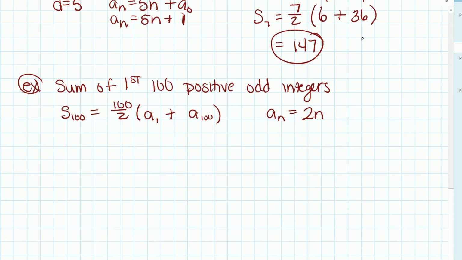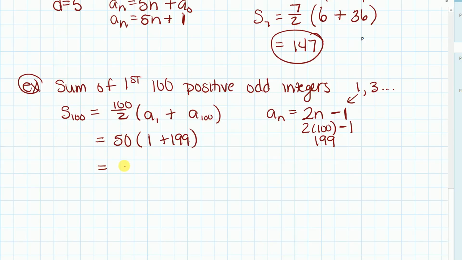And if my first odd integer is 1, then going backwards would be a minus 1. So the first odd integer is just 1, and the 100th odd integer, if you plug 100 in here, you get 199. So that's your 100th odd integer. 100 divided by 2 is 50. Multiply all of that out, and you get 10,000 for your sum. So this is just shortcuts, because it's going to be a pain to have to add 100 numbers all together.